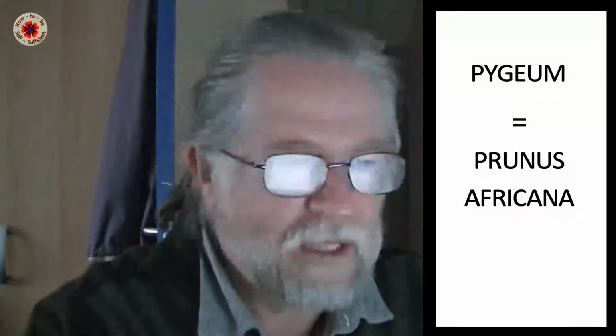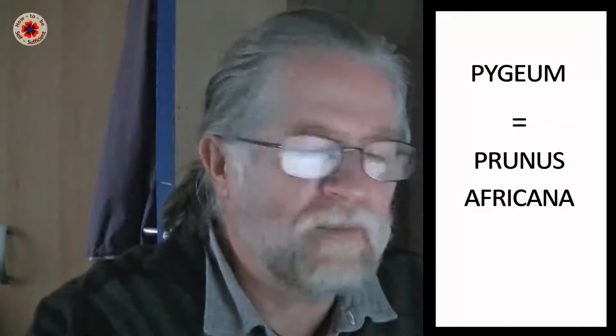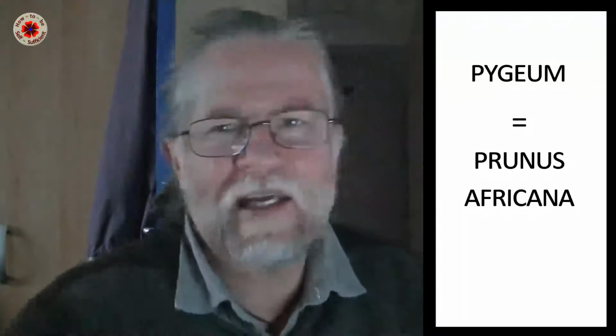Now, some plants are obviously named from the places where they were discovered, like Pygeum, I think that's how you spell it. I'll put the word up here, it is Prunus africana. That is its botanical name, and it's indigenous to Africa. This is where it was discovered, so they gave it that name. Now, the other important one, well, I think it's important, is a plant that's got sativa or sativum, which means cultivated herb.